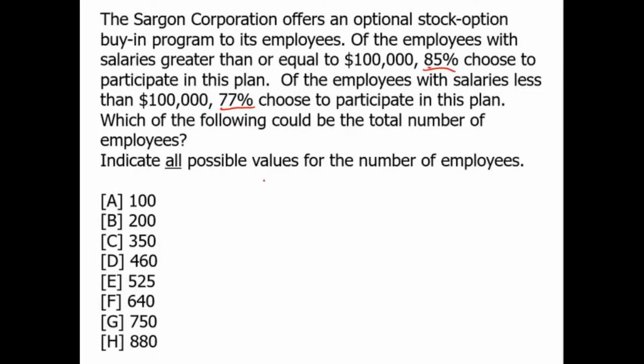And what does that mean? Well, 77%, of course we write that as a fraction, that's 77 over 100. So we could only have 77% of 100 or some multiple of 100. So we need a multiple of 100 to be able to take 77% of it.